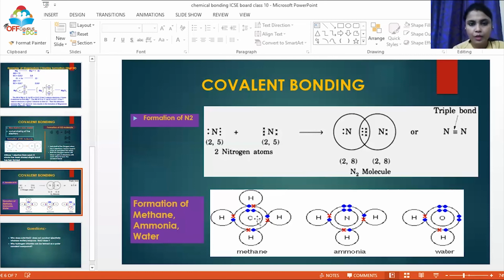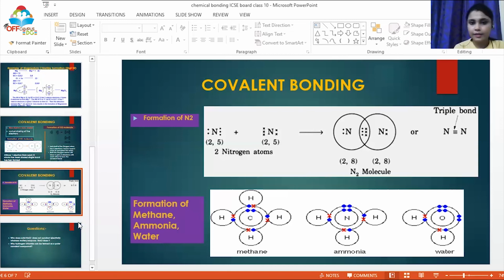So this is how the carbon atom has its octet filled. Similarly, hydrogen also has its duplet filled. So we can see how the CH4 bonding has been formed. A similar case happens for ammonia and water as well.